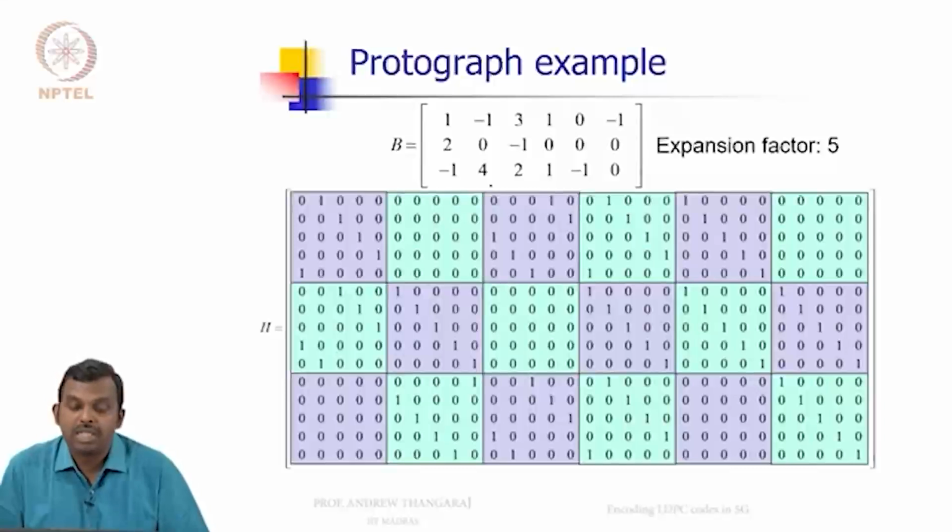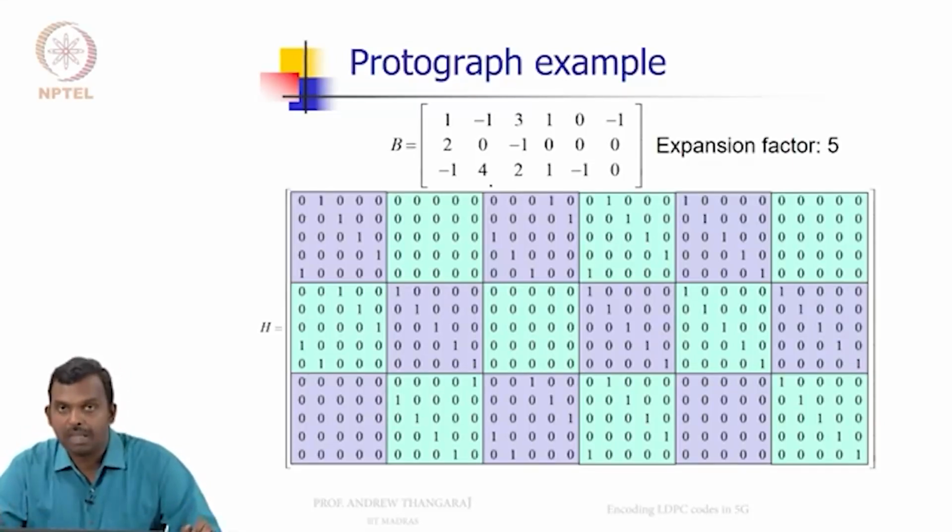So in the previous lecture I gave you this example of a toy base matrix with an expansion factor 5 to illustrate how the parity check matrices are specified. This is a 3 by 6 base matrix. Each entry is from -1 to +4, expansion factor is 5, and each entry is replaced by a 5 cross 5 binary matrix. -1 is replaced by the all 0 matrix, and any other number, say 0 or 1 or 2 or 3 or 4, is replaced by the 5 cross 5 identity matrix, column rotate shifted that many times to the right.